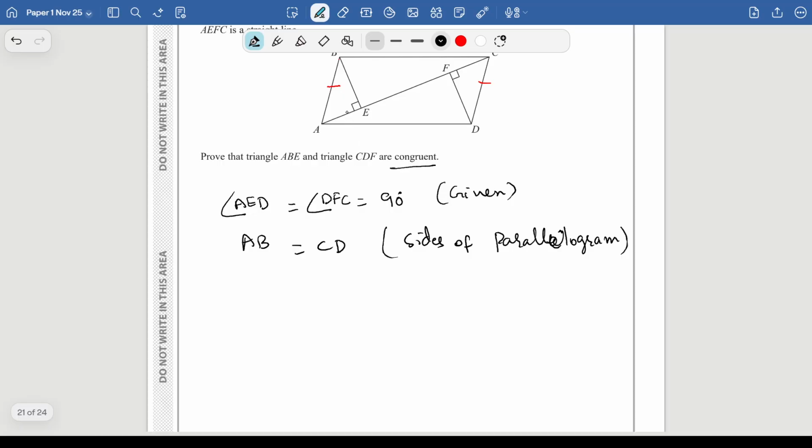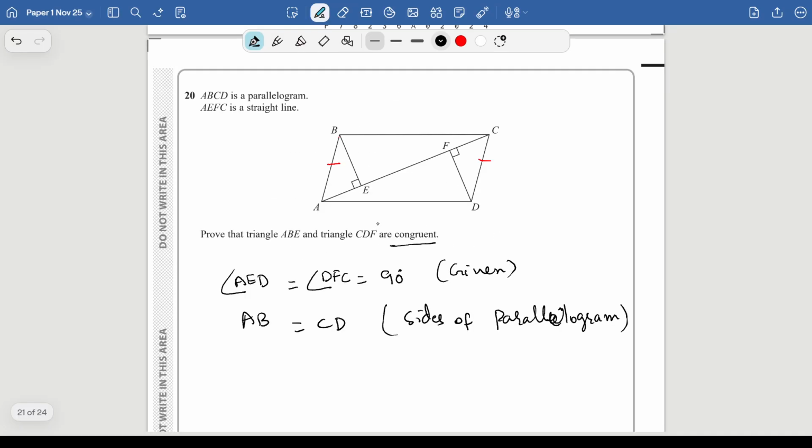The next thing is, can we find any other common side or angle here? We know in a parallelogram, AB and CD are parallel sides, and this is the transversal, the line cutting the parallel sides. So they form this alternate pair here, a Z-shaped angle. So they will be equal in a pair of parallel lines.